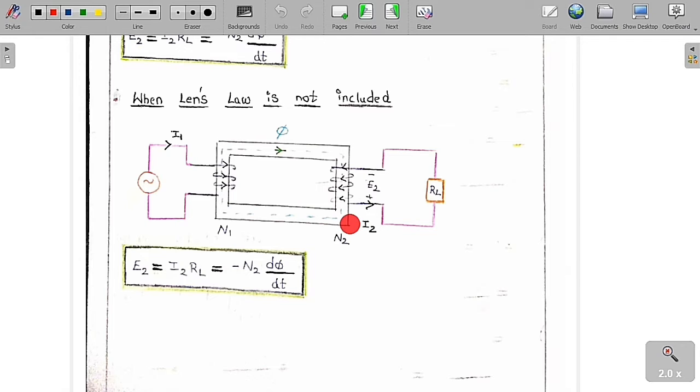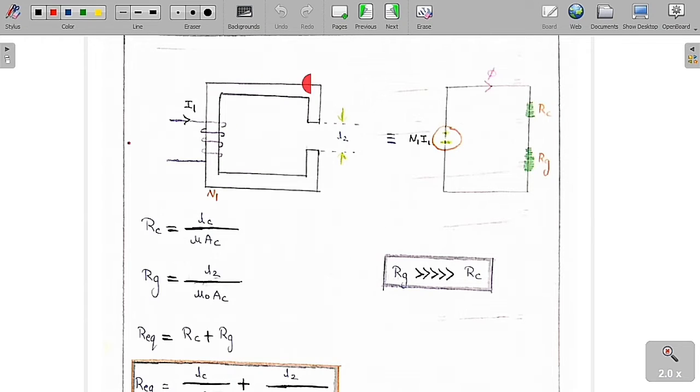The flux direction should be in the same direction as the original flux, so that it is not opposing but supporting that flux. That is called the positive terminal, or dot terminal. Both dots will always be positive and both dots will always be negative.